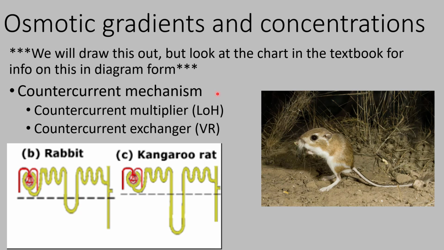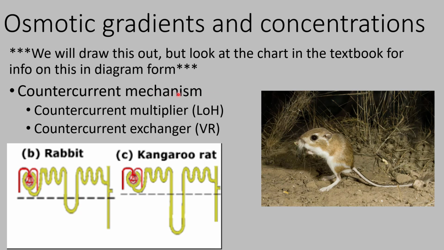But we actually can use little ATP to get a lot of water reabsorption by using some, it's not quite right to call it tricks, but it's kind of a neat trick the way our body does it. It plays on osmotic gradients and concentration, and we'll see that today during our drawings.